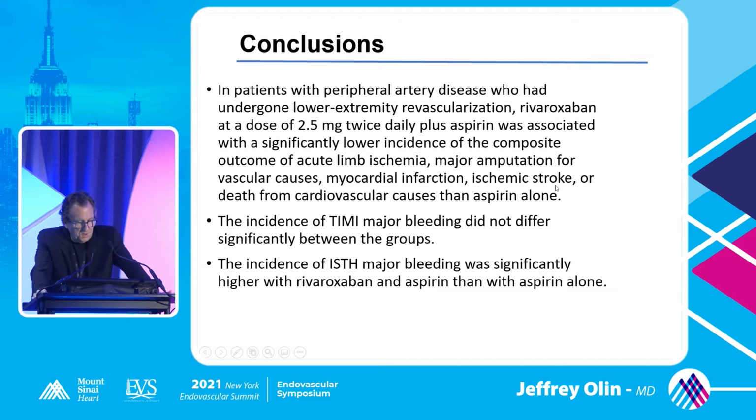So the conclusion of this study was that in patients with peripheral artery disease who have undergone lower extremity revascularization, rivaroxaban at a dose of 2.5 twice a day, plus aspirin, was associated with a significantly lower incidence of the composite of acute limb ischemia, major amputation, myocardial infarction, stroke, or death from cardiovascular causes as compared to aspirin alone.